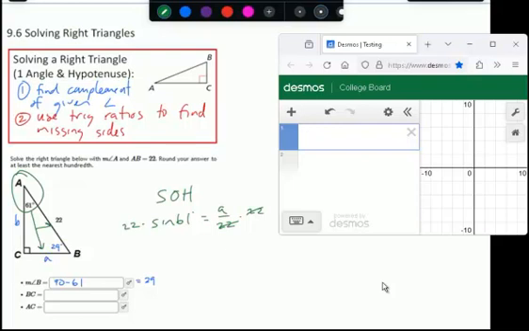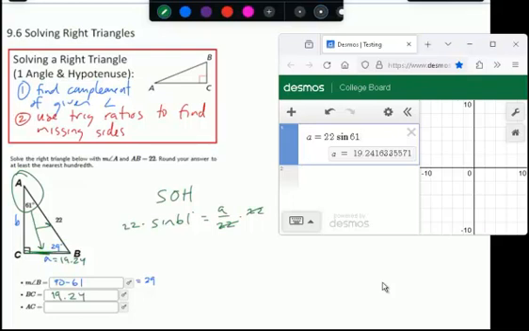Now, if I'm already anticipating using the Pythagorean theorem, I can just say A is equal to 22 times the sine of 61. So 19.24 is A. A is BC, so make sure you're entering that in the correct spot.